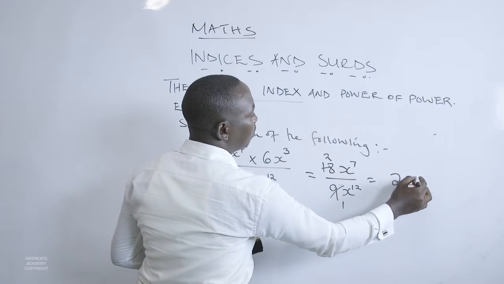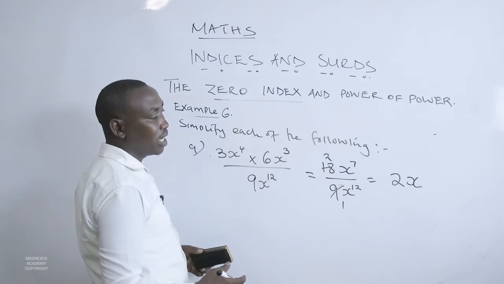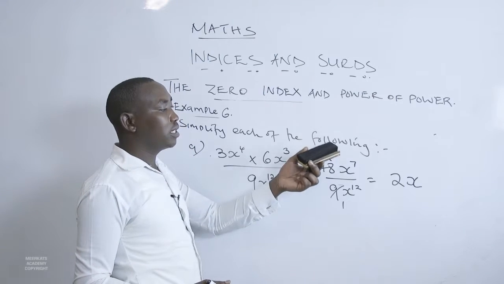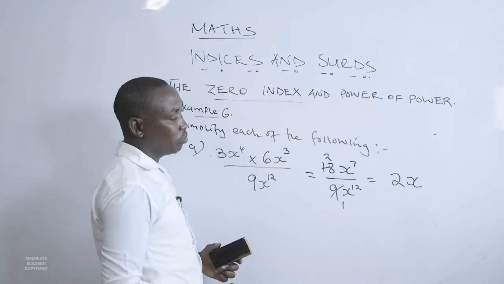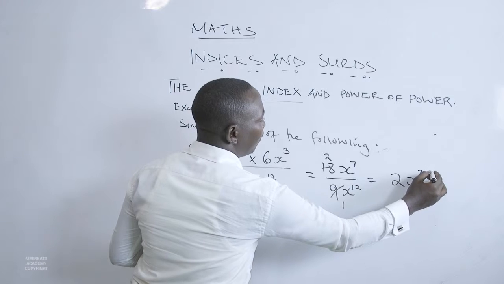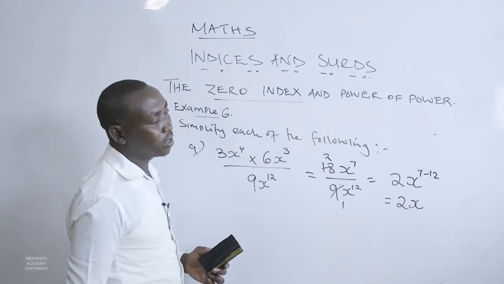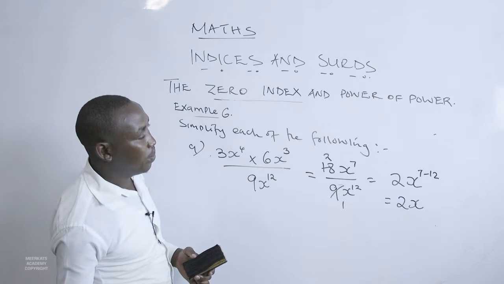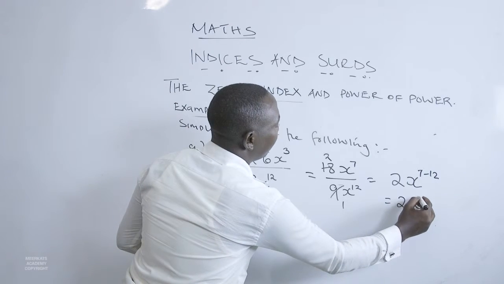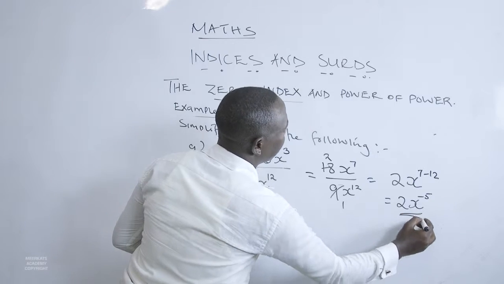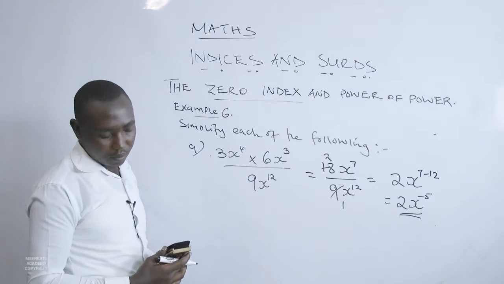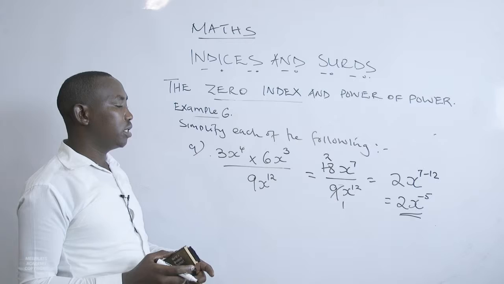Then because of division, we are going to subtract. So we are dividing x raised to power 7 by x raised to power 12. So this shall be 7 subtract 12, which will give us 2x raised to power negative 5.